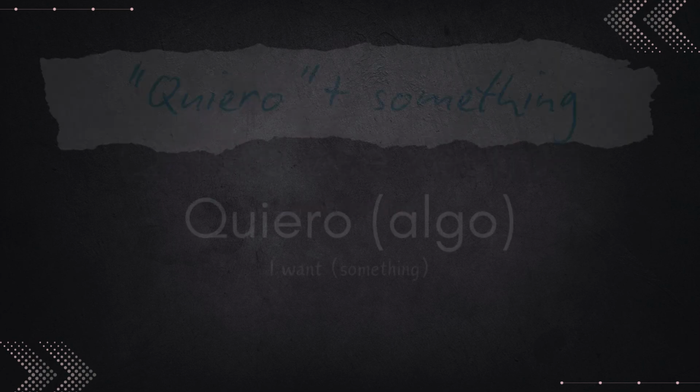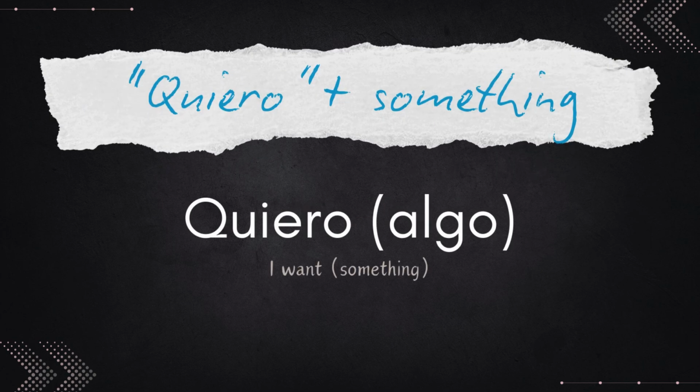Please note this is a very basic way of requesting or asking for something, but it really works for expressing an immediate need. Let's say you want to buy something, but you don't remember or don't know how to say, I'd like to buy this.